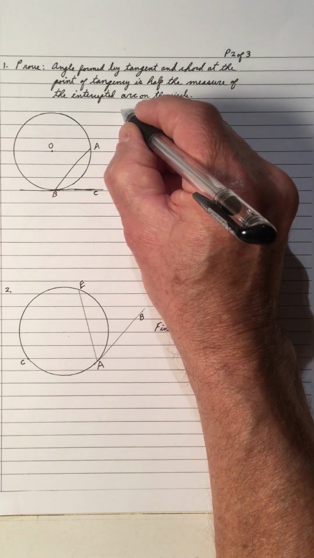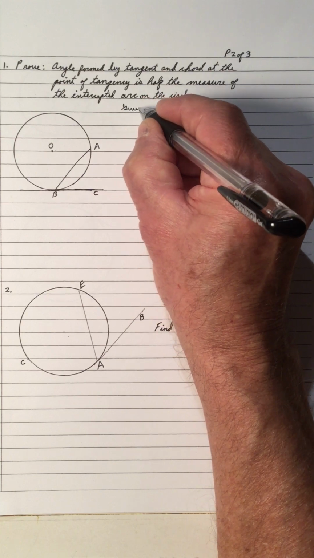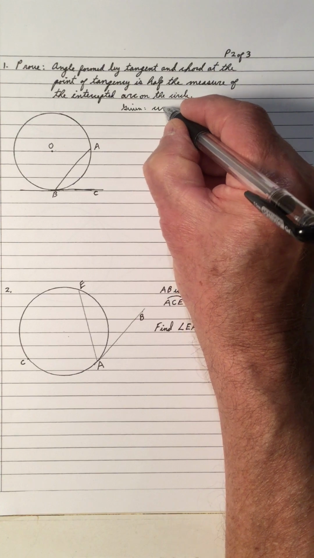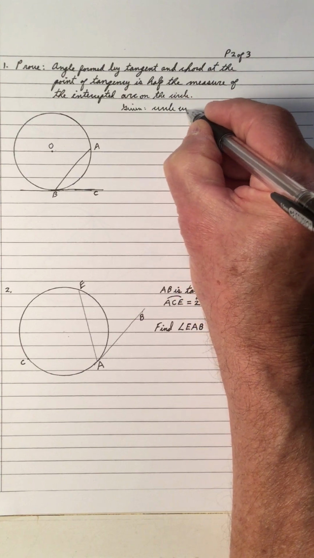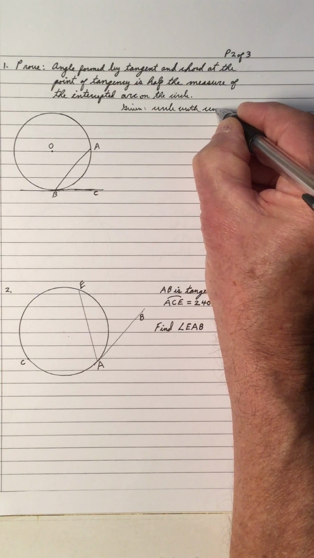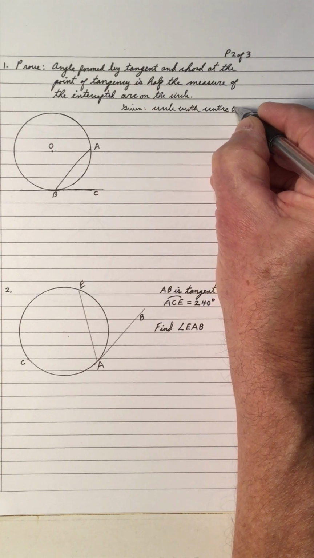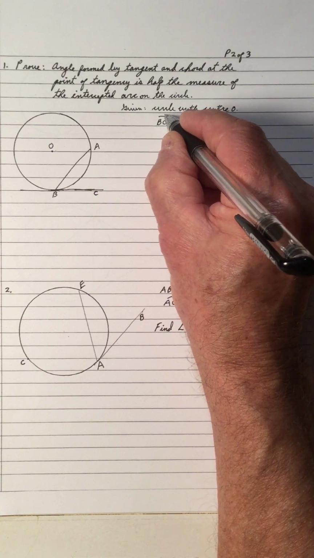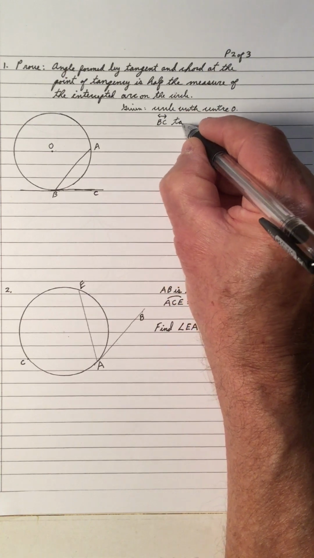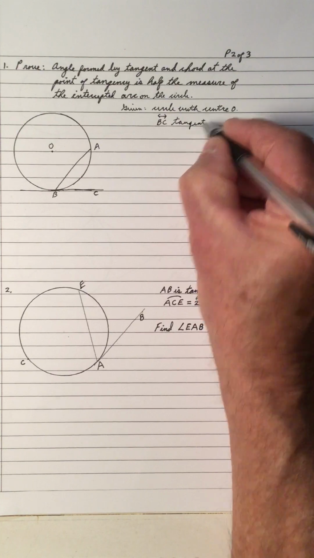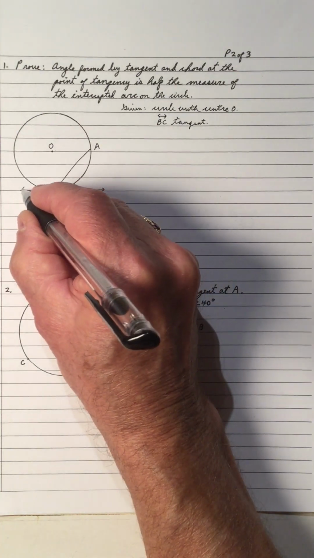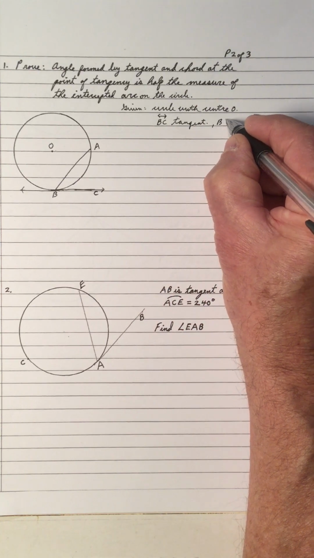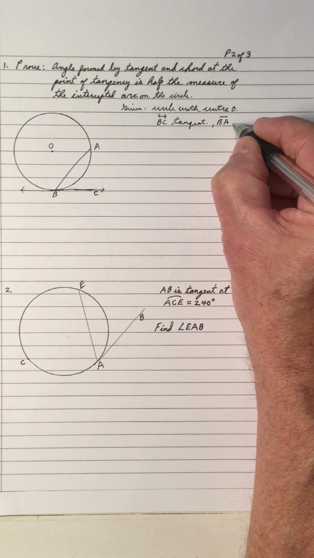What we're given in this question that we're going to prove: we're given a circle with center O, and we're given that BC is a line, and that line is a tangent. We can put arrows on the end, or we can just make a segment. We're also given that BA with a bar is a chord.